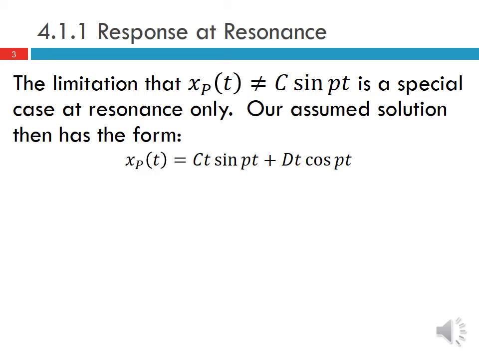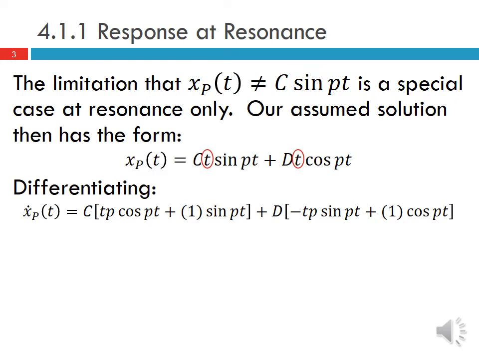Our assumed solution now has this form: x_p(t) is equal to ct sine pt plus dt cosine pt. So we have to add this additional t in the solution of this differential equation.